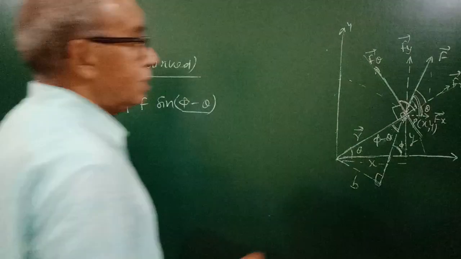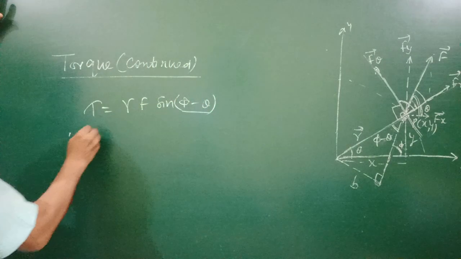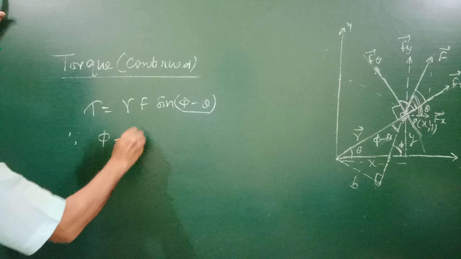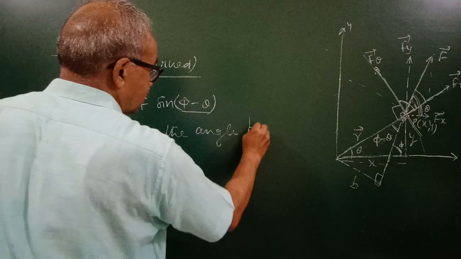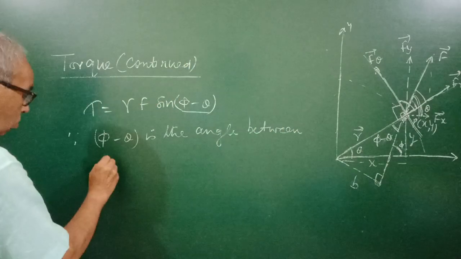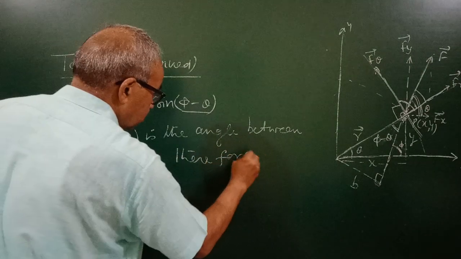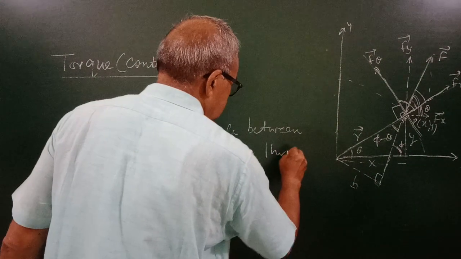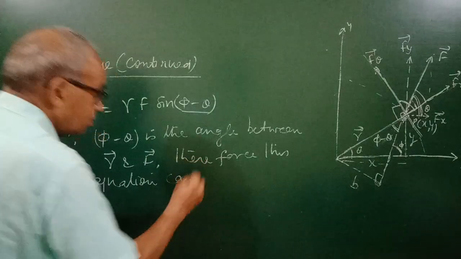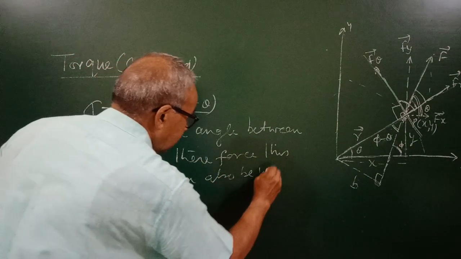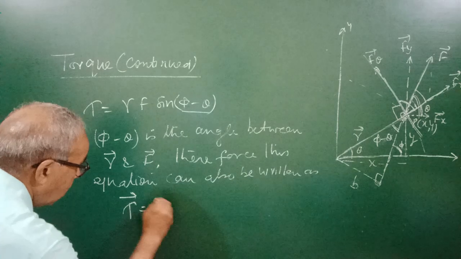Phi minus theta is the angle between direction vector R and F. Since phi minus theta is the angle between vector R and vector F, therefore this equation can also be written as vector tau is equal to R cross F.